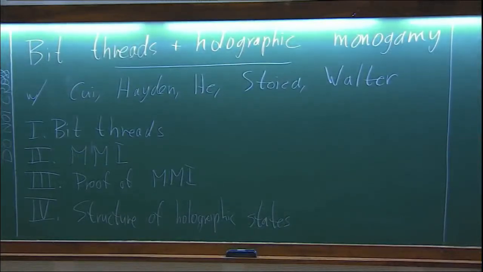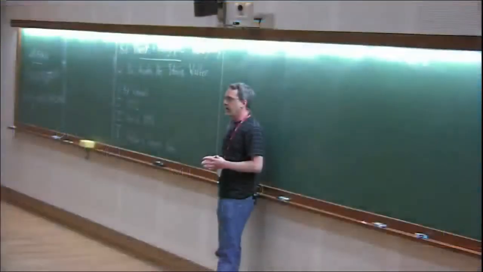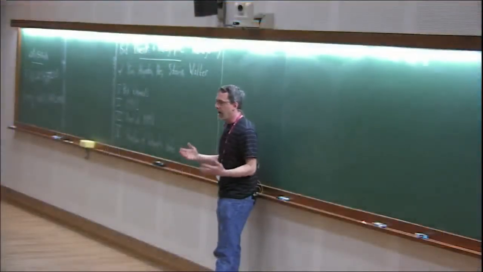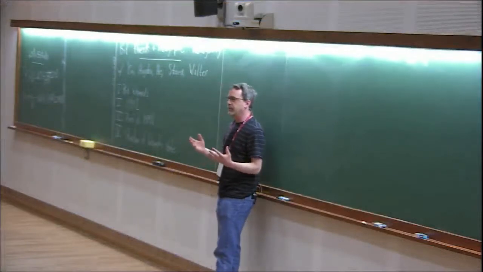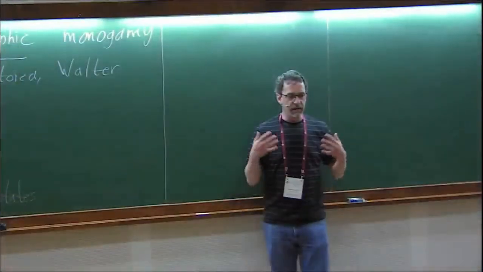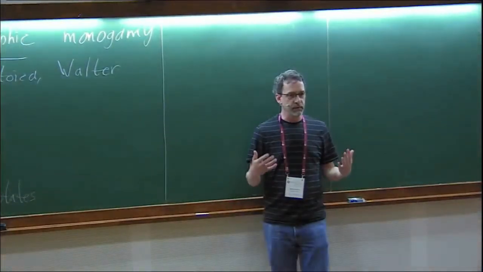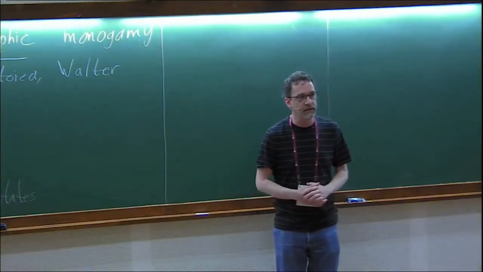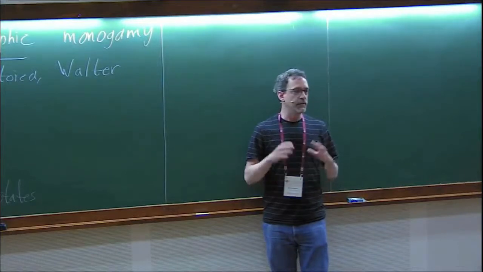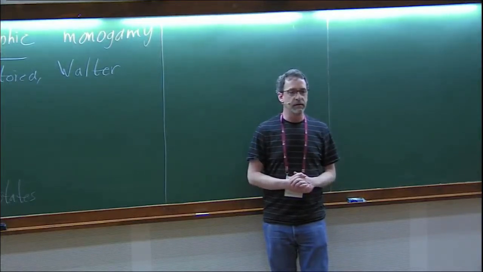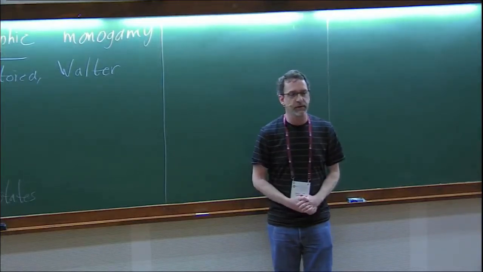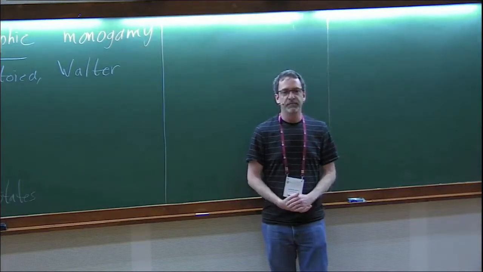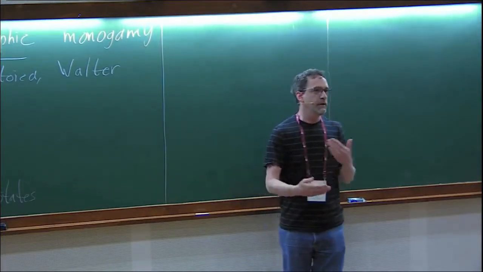One of the things bit threads do for us is help us understand how the Ryu-Takayanagi formula obeys many of the basic properties we expect entanglement entropy to obey, like subadditivity and strong subadditivity, in a much more concrete way than the usual way we understand Ryu-Takayanagi.